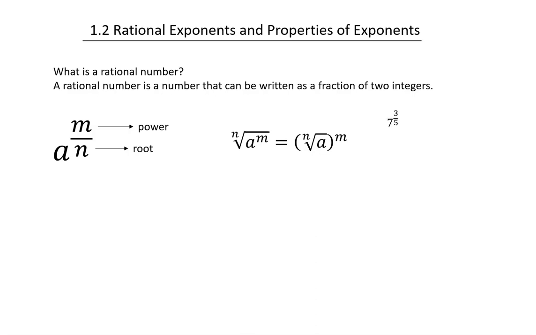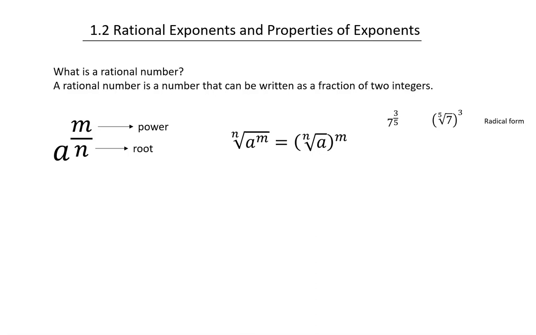Now, consider the expression 7 to the 3/5 power. Rewrite this expression in radical form. The number on the top is the power, the number on the bottom is the root, so 7 to the 3/5 in radical form would be the fifth root of 7 to the third power.